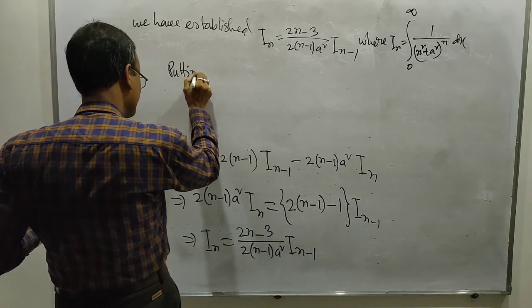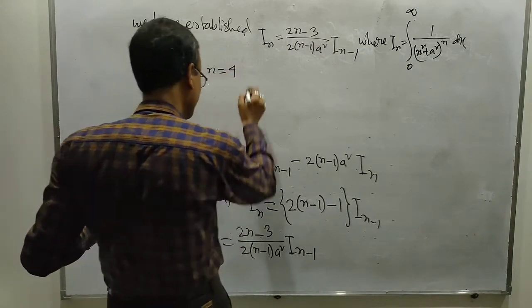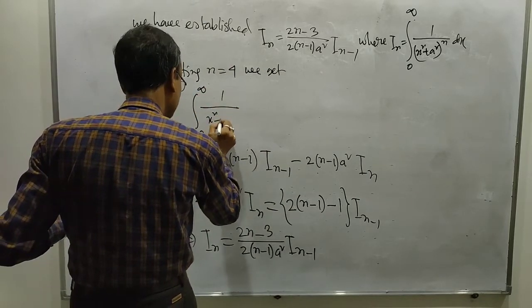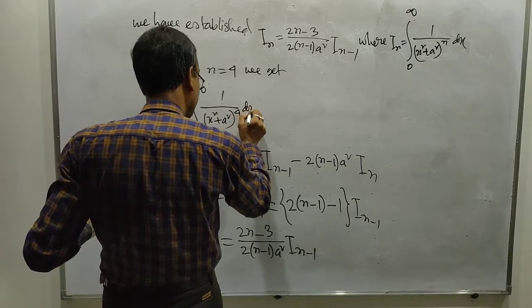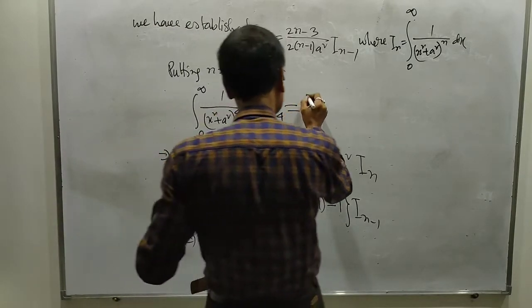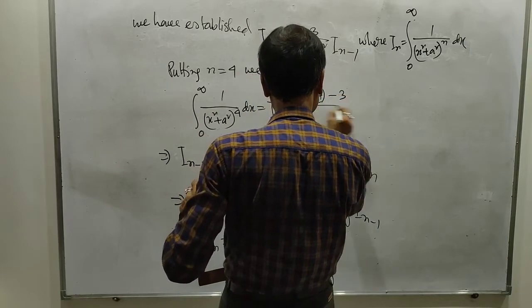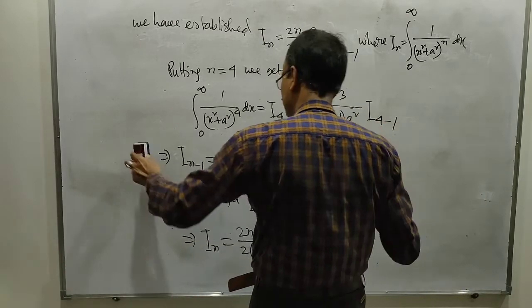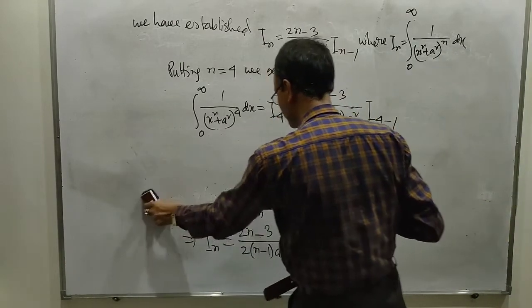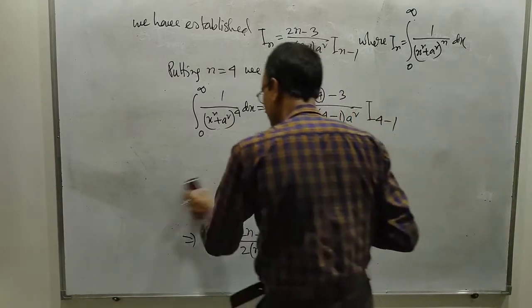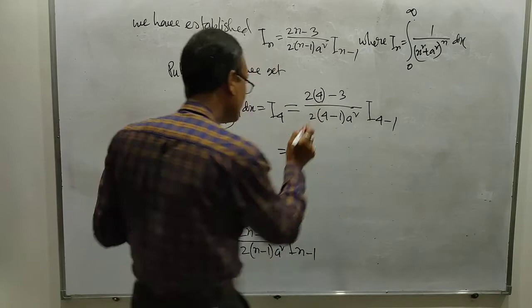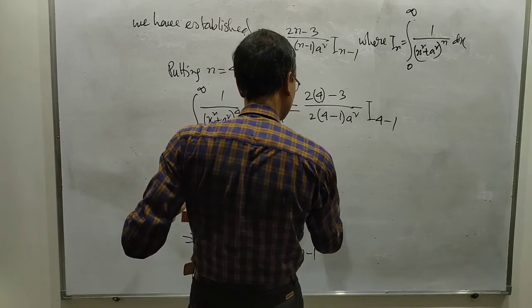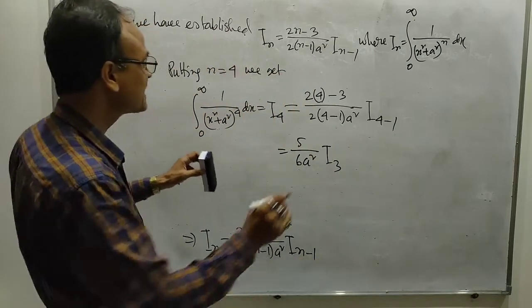Putting n is equal to 4, we get the integral from 0 to infinity of 1 by (x square plus a square) whole to the power 4 dx equal to I_4 equal to (2 times 4 minus 3) divided by 2 times of (4 minus 1) a square, I_(4 minus 1). This is equal to 8 minus 3, means 5, divided by 6 a square I_3. Suppose this is star.